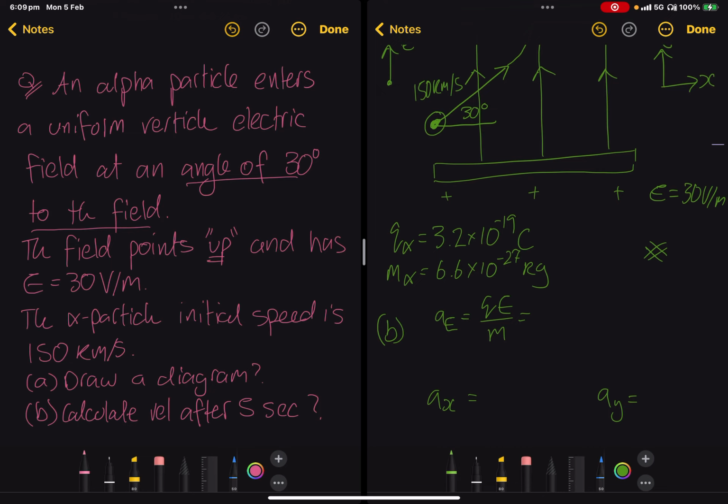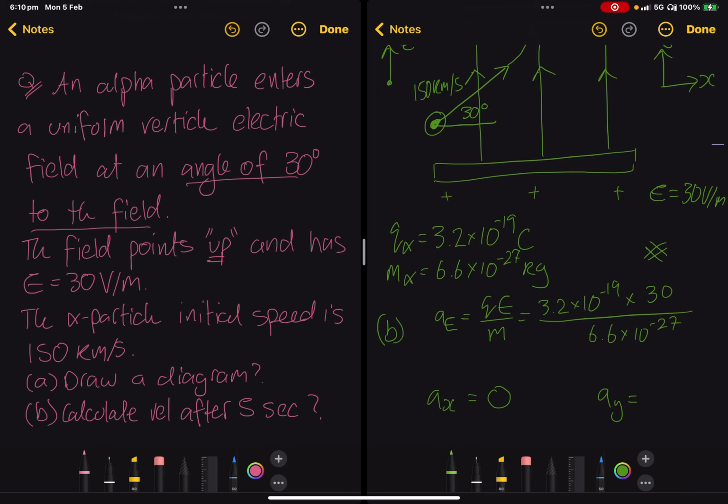The charge on the particle is 3.2 times 10 to the minus 19. The field strength is 30. Then the mass of the particle is 6.6 times 10 to the minus 27. And this acceleration will only happen in the positive y direction. So whatever number this is, it's positive ay. This will be the value for ay. ax will be 0 in this case. There is no acceleration in the x direction.